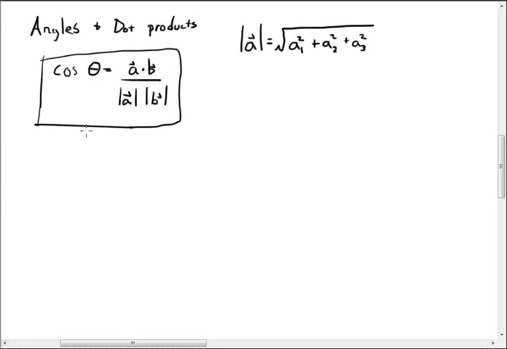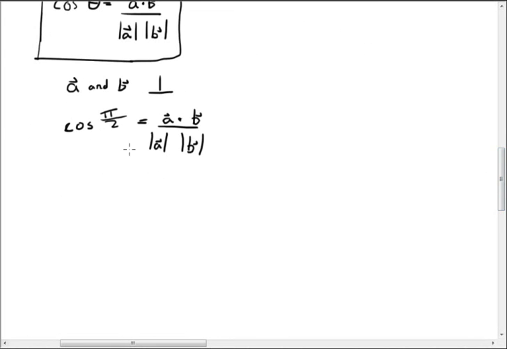But this does lead to an interesting fact: if A and B are perpendicular, then cosine of 90 degrees, or really cosine of pi over 2, is equal to A dot B over the magnitude of A times the magnitude of B. Now, the cosine of pi over 2 is 0.